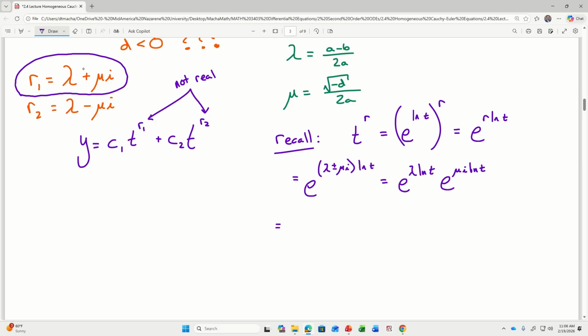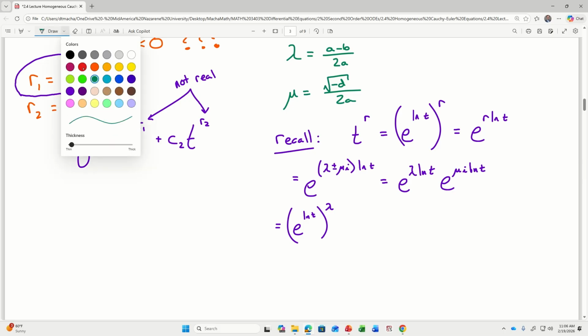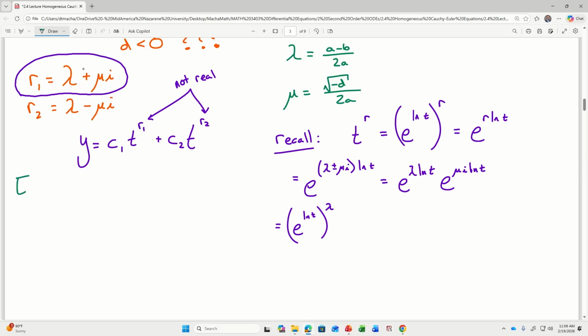e to the power lambda times natural log of t is the same thing as e to the power natural log of t raised to the power lambda. And then e to the power mu i natural log of t. This is where we're going to use Euler's formula.